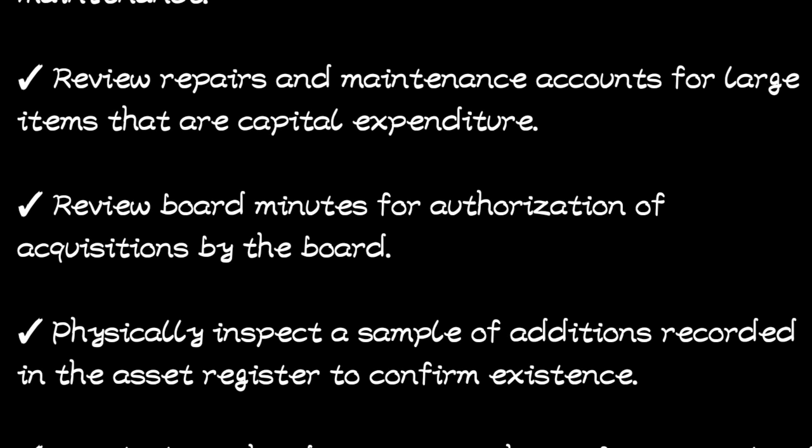Then another one is you can physically inspect a sample of additions that were recorded in the asset register to confirm existence. As I told you, this is the main substantive procedure to confirm existence. Physically inspect a sample of what was recorded to the asset register to confirm if it is actually there.